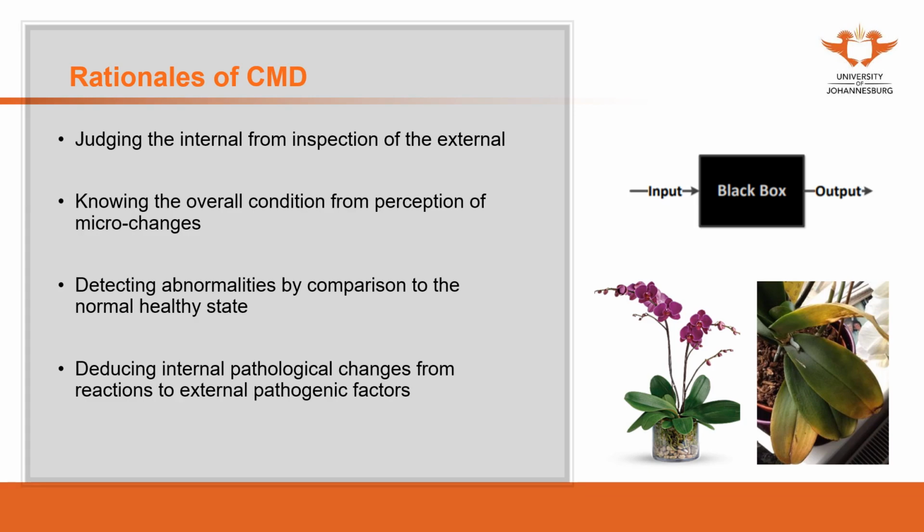The last one, deducing internal pathological changes from reactions to external pathogenic factors. This is very similar to the first one. We want to understand what happens to the body when we study the etiology in the basic theories.